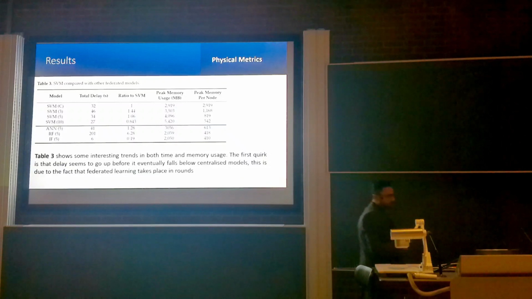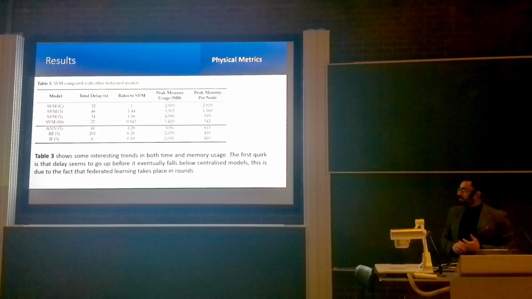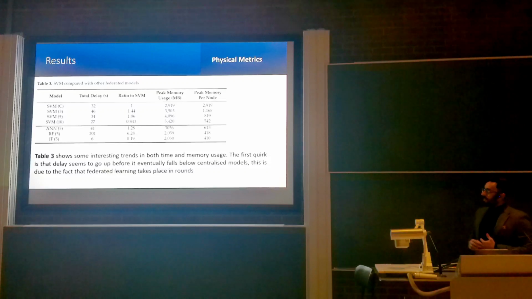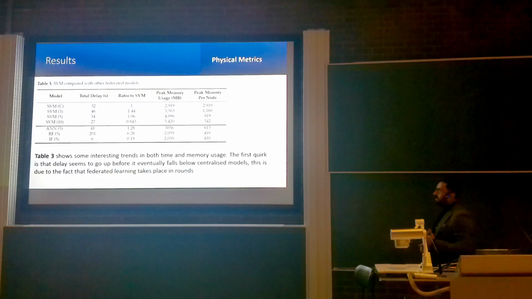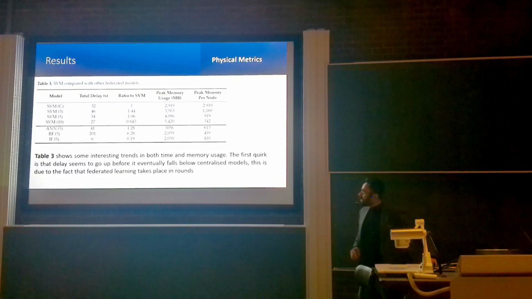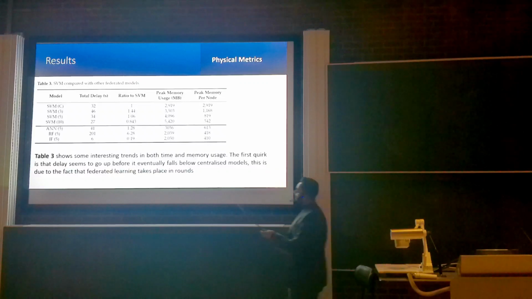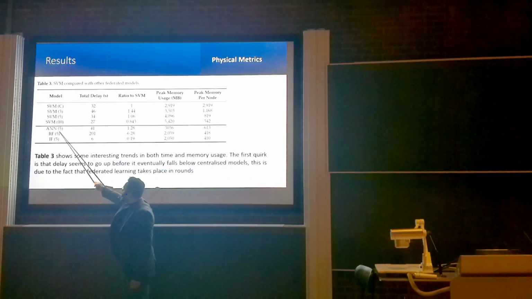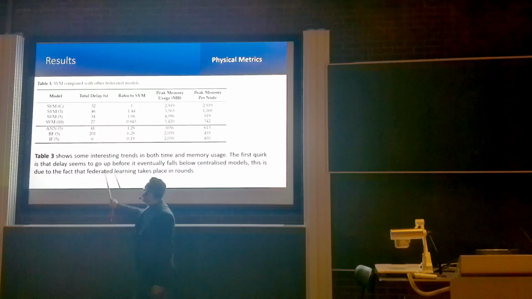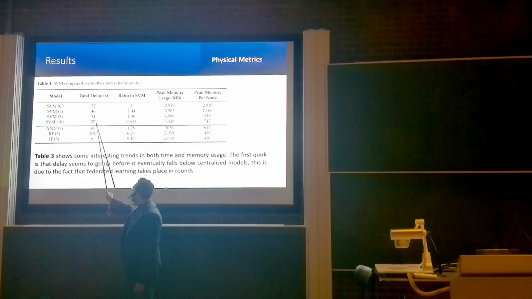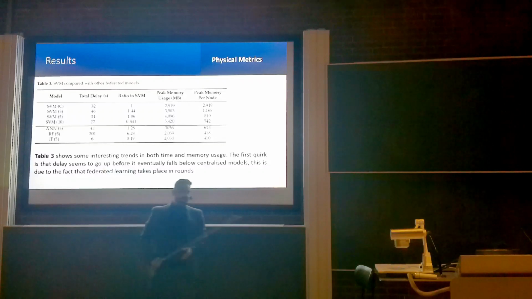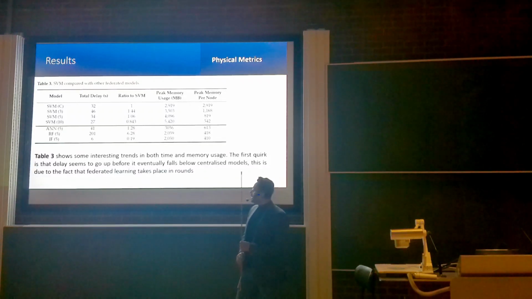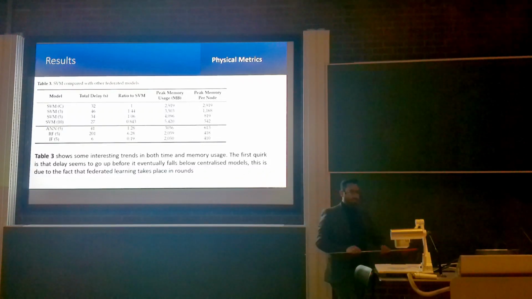In terms of time, the delay for ANN is higher than SVM. If you look at the SVM with 10 worker nodes and the ANN with 5 worker nodes, the training takes 27 seconds compared to the ANN, which takes 41 seconds.